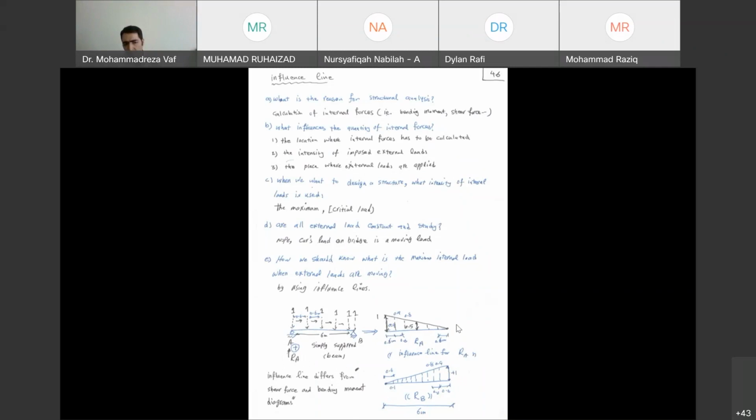The graph that shows the value of RA as the load changes is giving us the support reaction influence line. We can do the same calculation, but this time we want to see the influence line for shear force. So this too was an influence line for support reaction, because we were looking into the value of support reaction as the force was moving from one side to another side.